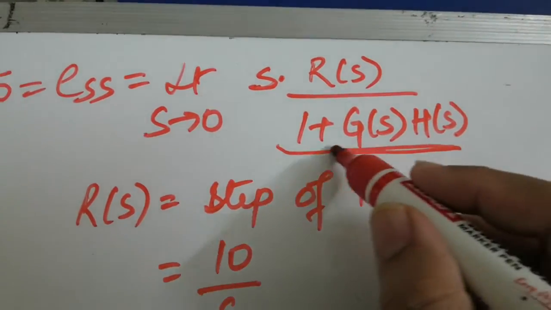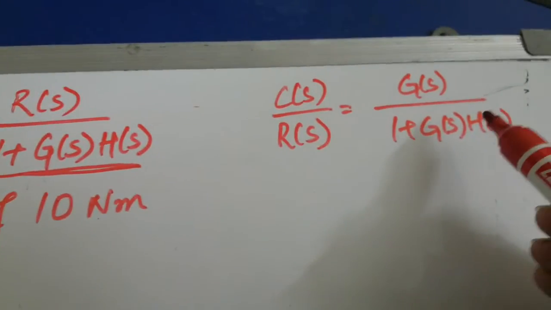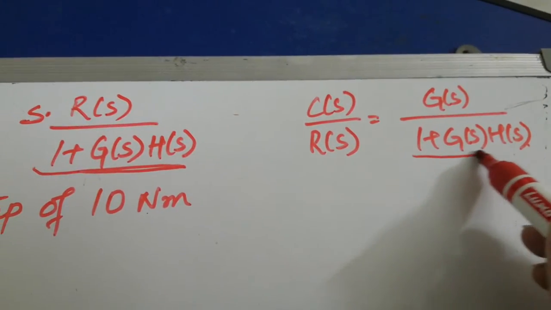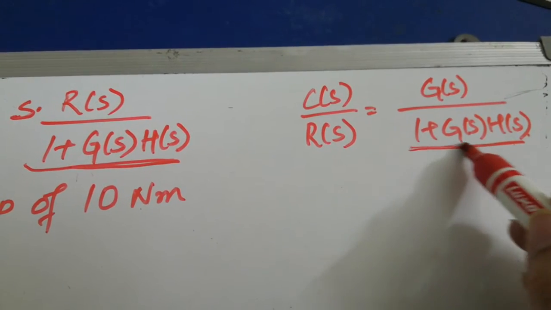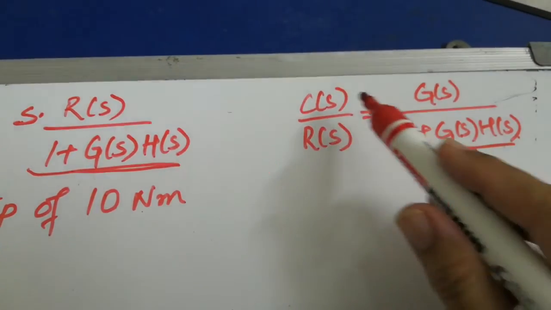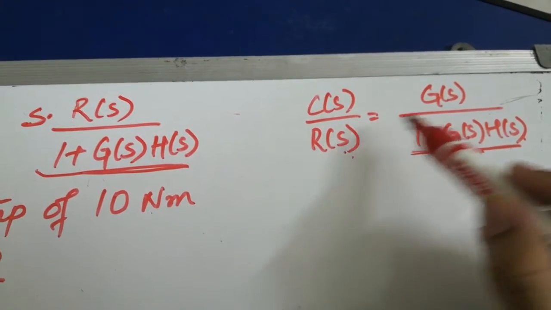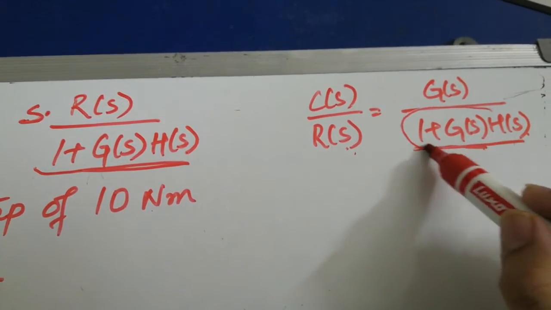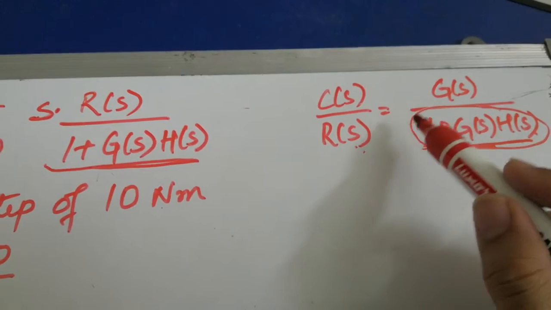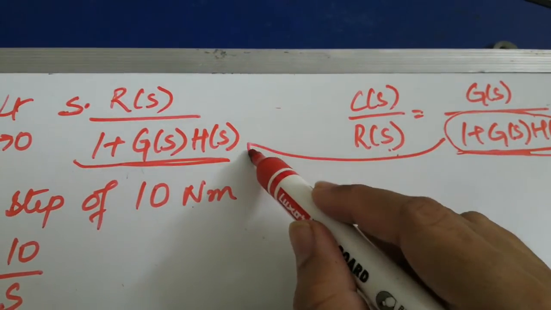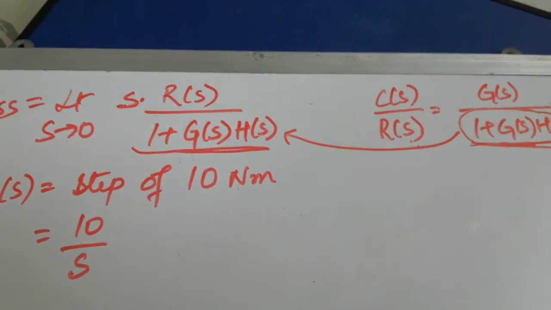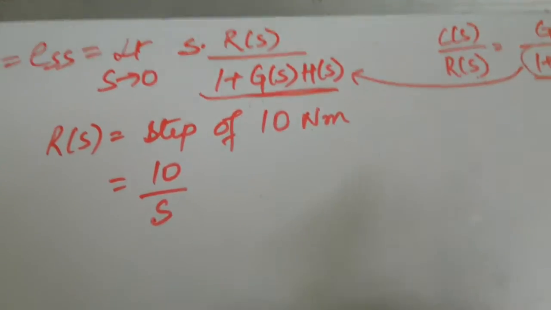Now we proceed for the closed loop equation. Just check here. Can you see that these two equations are the same? So that means if you are given the closed loop response, that is C(s) upon R(s), then you need only this denominator equation, and you can directly put your denominator equation in this part. So let's put the values here.